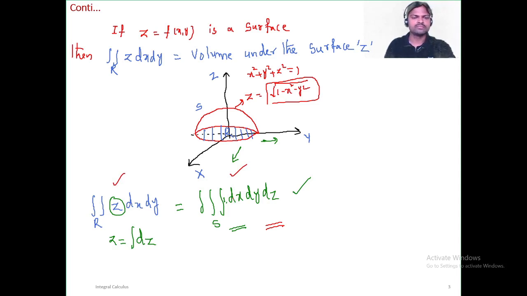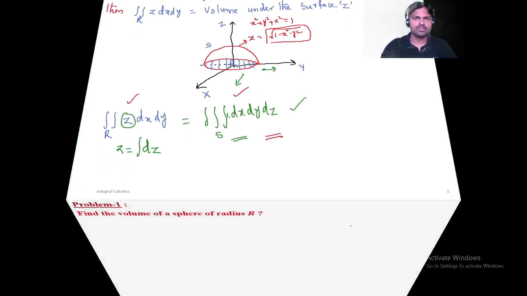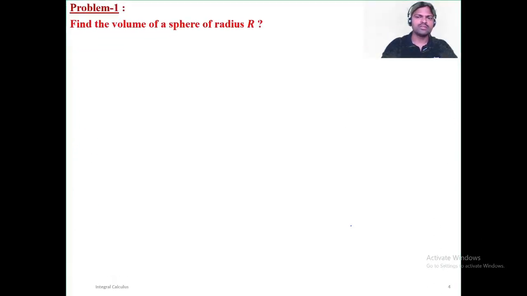Next, let us evaluate the volume of some solids. Problem number 1. Find the volume of a solid sphere of radius R. This we have already done by considering a surface in double integration. Now in triple integration we are not considering such a surface, only dx dy dz.